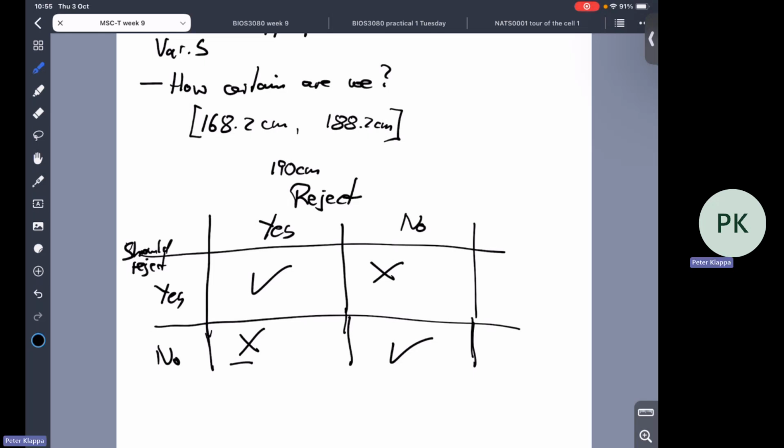Exactly, I will never fly with this airline again. So this one here, because it's costly, it's called a type 1 error. It's usually abbreviated with alpha.